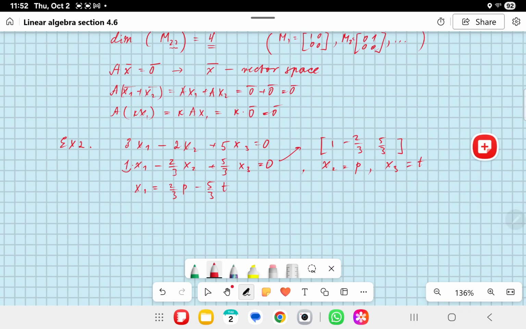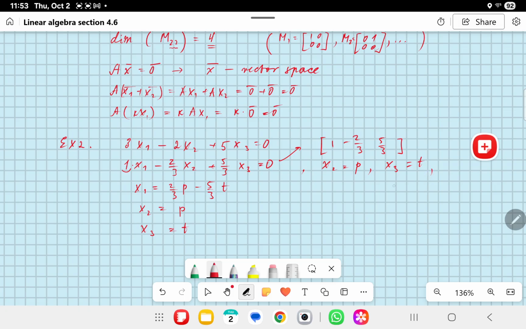if I want to represent my solution x1, x2, x3 as a sum of vectors, or in vector form, I'm going to write down first how all solutions look.